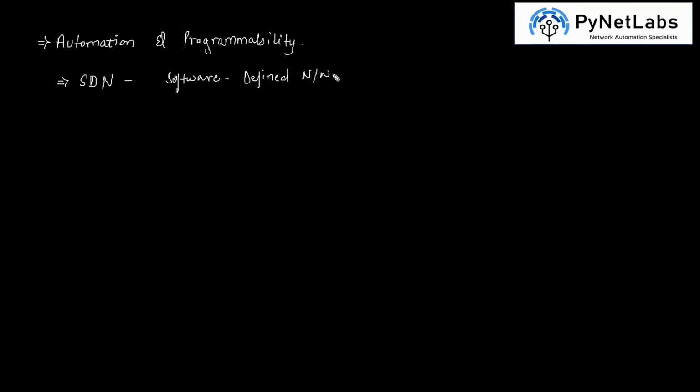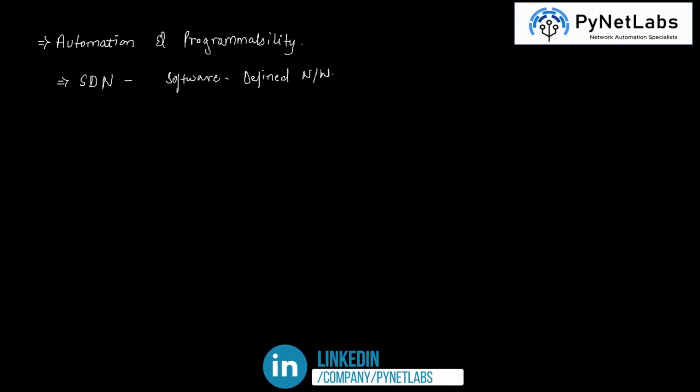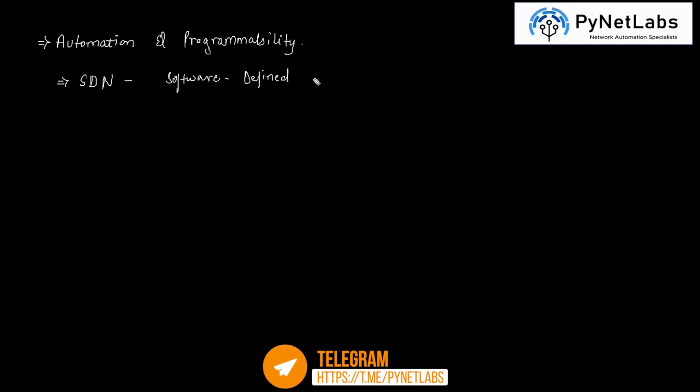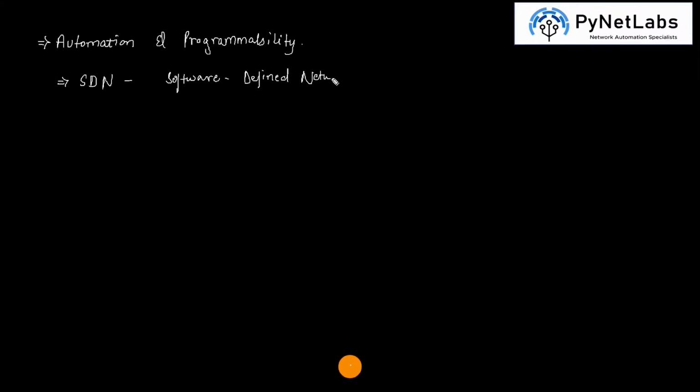If you are trying to be a network engineer, if you are trying to be a part of this field, you all must be aware about something called automation or software defined networks, right? We are going to talk about that only, and we'll have a quick introduction about how automated network works and what all devices are used in making such networks or configuring networks or using automation and programmability.